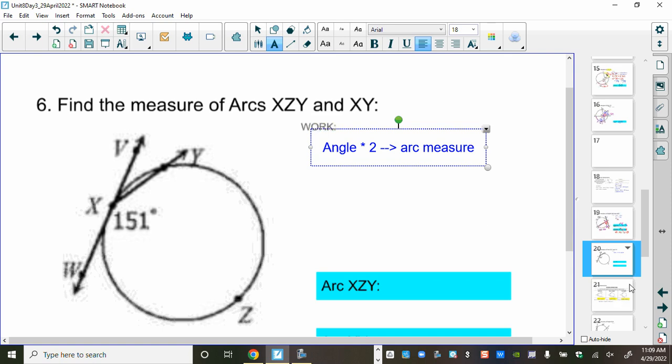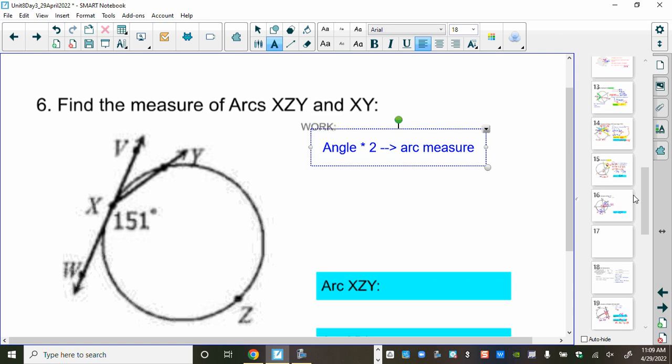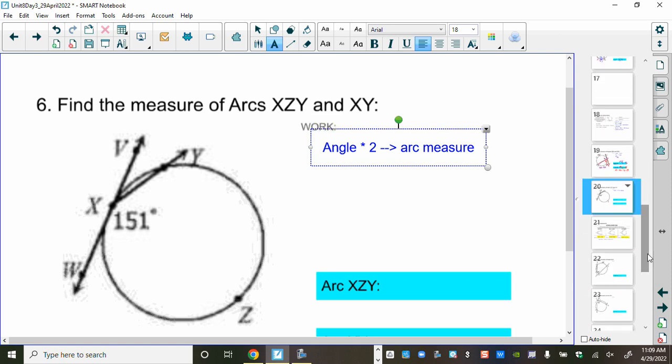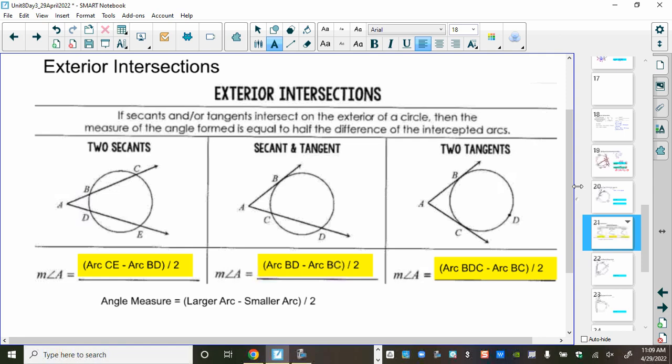All right. Then the only other thing I wanted to talk about, I think we're going to definitely talk about next time. I don't know if we're going to do it during Stinger. These exterior intersections. Basically, all you're doing is taking your big arc, the larger arc, minus smaller arc, and divide by 2.